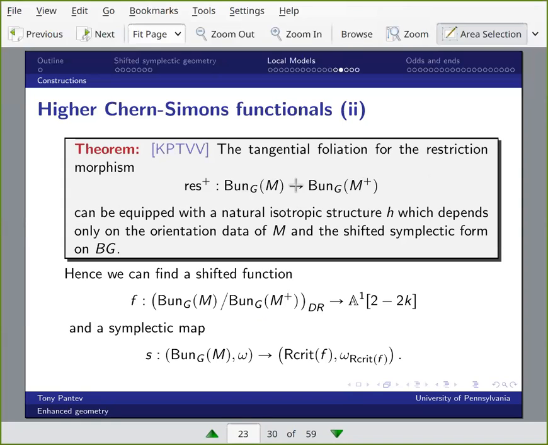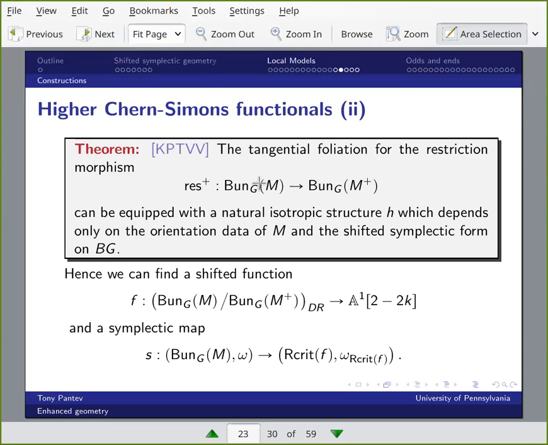And the relative tangent complex to that map is a foliation on Bun-G(M), the tangential foliation. And that foliation is actually isotropic. It has a natural isotropic structure. It only depends on the orientation data on M and the symplectic form on BG.